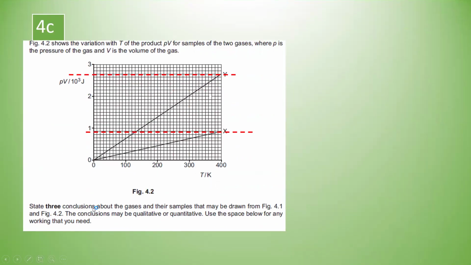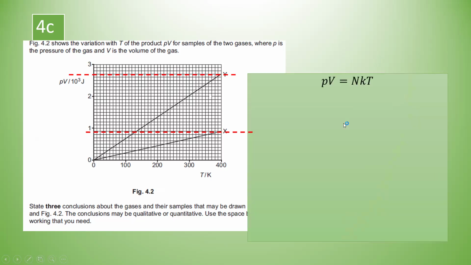State 3 conclusions about the gases and their samples that may be drawn from figure 4.1 and figure 4.2. The conclusion may be qualitative or quantitative. Use the space below for any working. And we have done that. Conclusion: the pV equals NkT or pV equals nRT. There's your gradient for this graph.